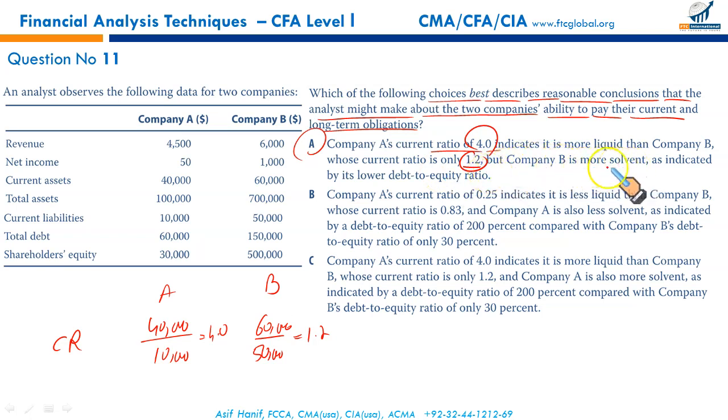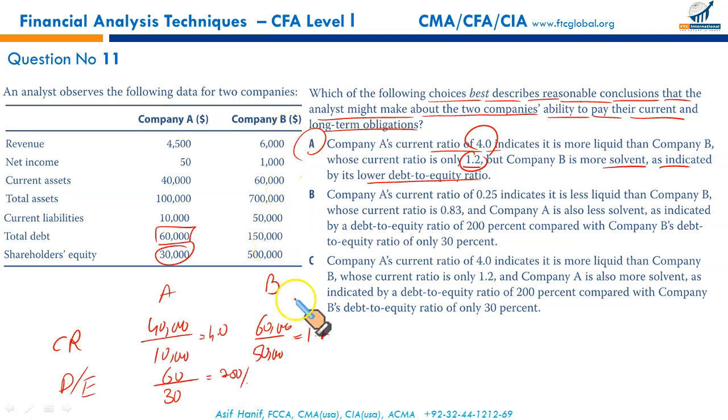But company B is more solvent, as indicated by lower debt to equity ratio. Let us calculate the debt to equity ratio as well. For company A, this is the total debt, 60. What is the equity? 30. 60 by 30 gives you 2 or 200. You can write it in percentages as well: 2 to 1 or 200%.